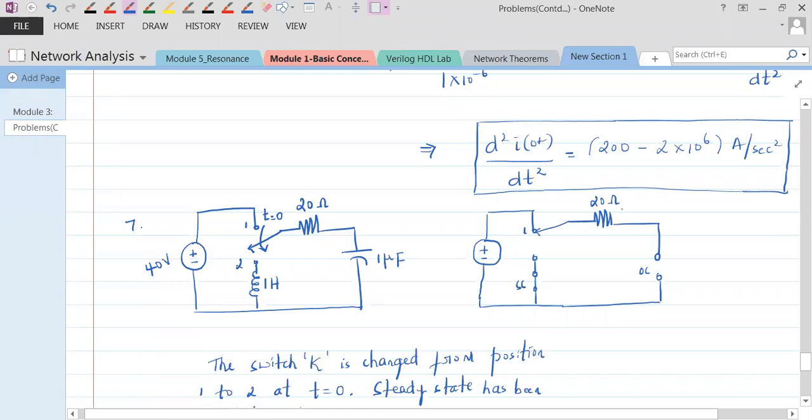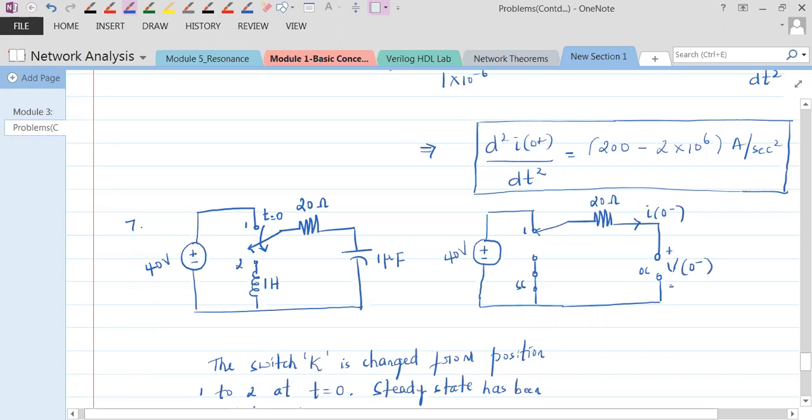Now what should be flowing at t equal to 0 minus? I of 0 minus has to be flowing. Understand? Now what should be there across this? There should be V of 0 minus.